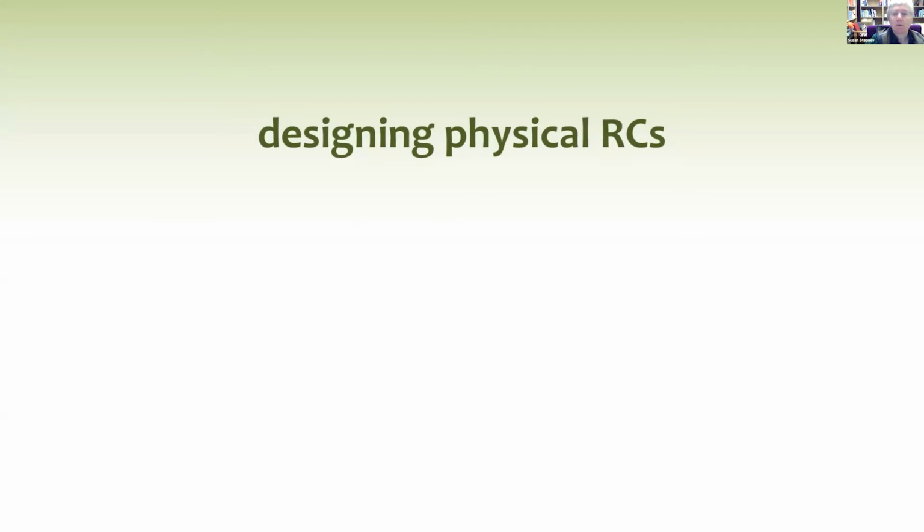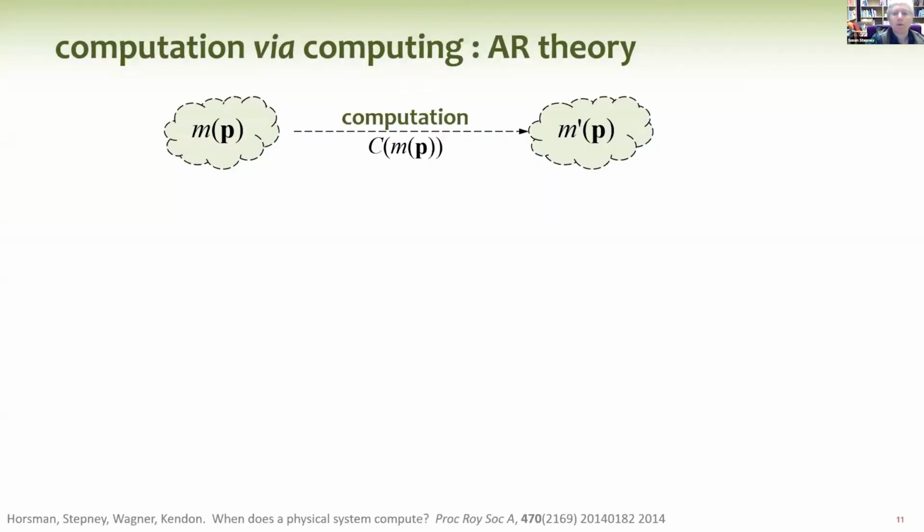First of all, it's useful to be able to tell when a physical system is actually computing, rather than just doing its thing, rather than just sitting there as a physical system. What's the difference between it computing and it just being a physical system? So here's the approach that we use to determine when a physical system is computing.